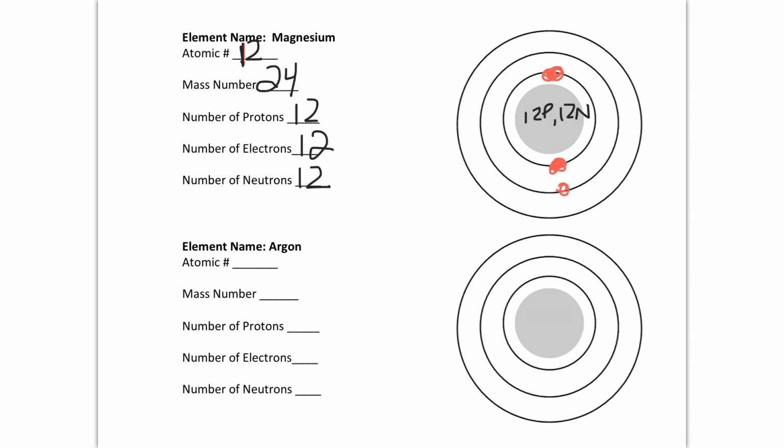So we put 2, then 1, 2, 3, 4, 5, 6, 7, 8. So we've added 8 more. We need 10. We ran out of room on our second energy level because we can only have 8 there. So the next thing we do is add another ring, and then we put 2.